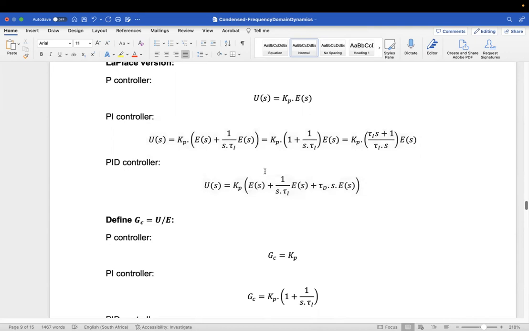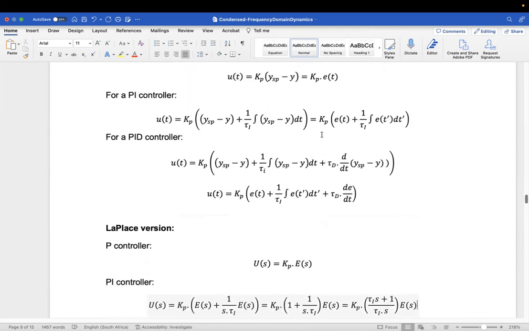Then trying to apply the same approach to a PID controller. Of course, we can, we just have the additional term here with the derivative. And again, we had established a Laplace transformation of a derivative.